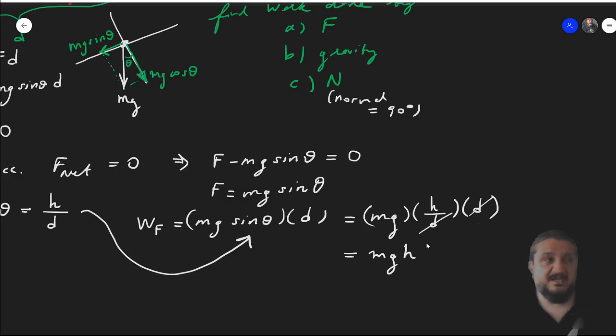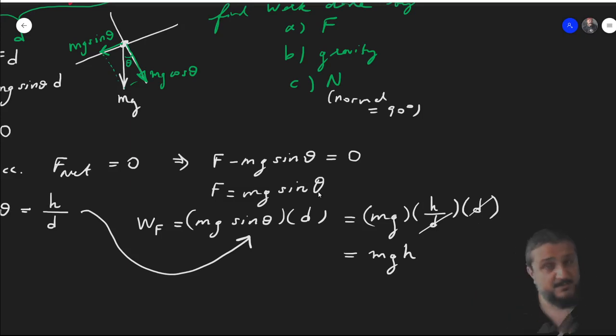So why use an inclined plane then? Well, if you do that, the force that you have to push it with is less, because the force is equal to mg sine theta, and the longer the plank, the smaller the angle. Therefore, smaller sine theta, less force. Okay, with less force you can do the same work.